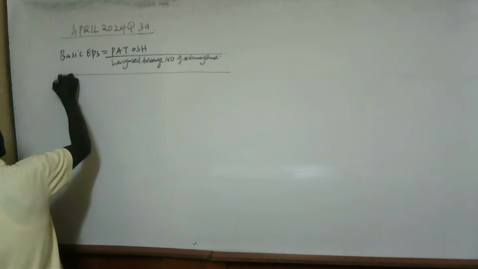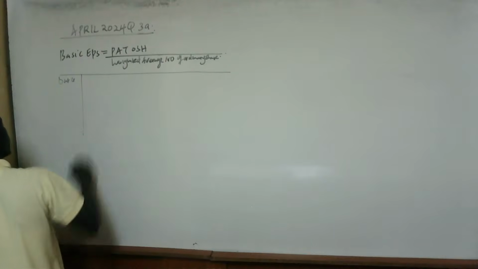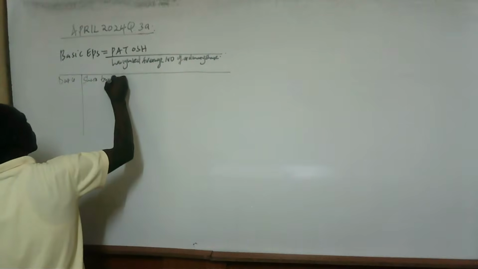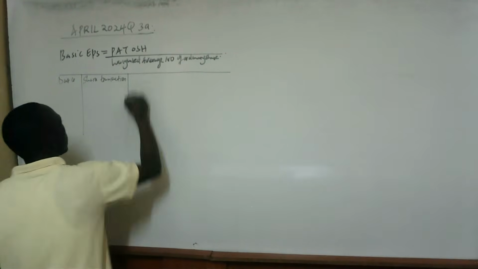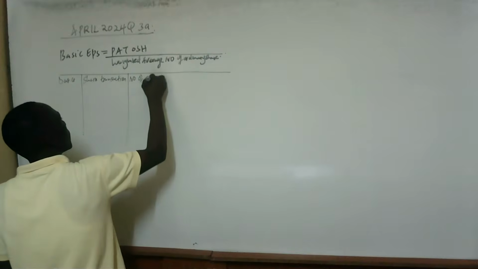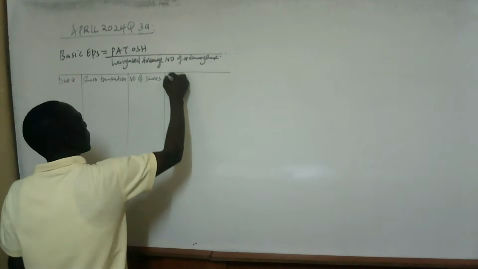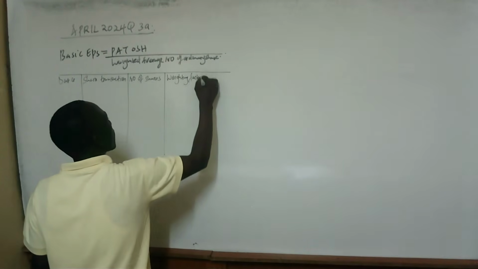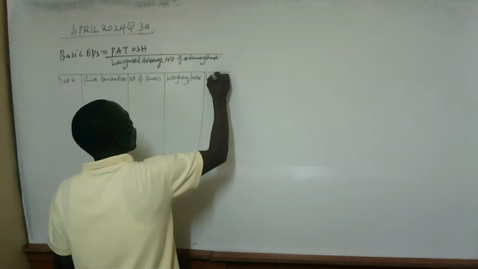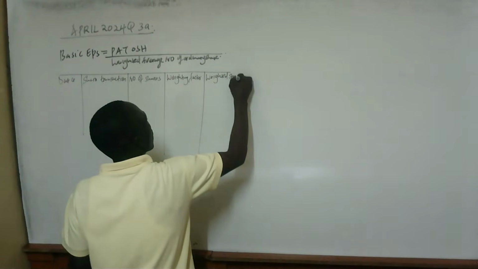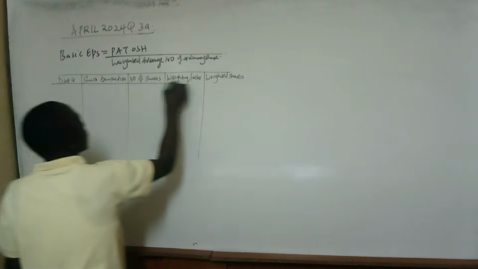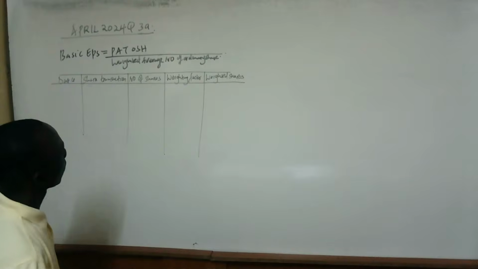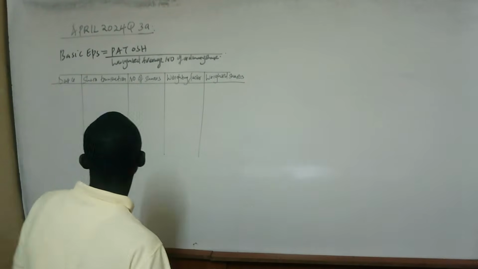Our table is going to have the date, then the share transaction, then the number of shares, then the weighting factor, and then the weighted shares.